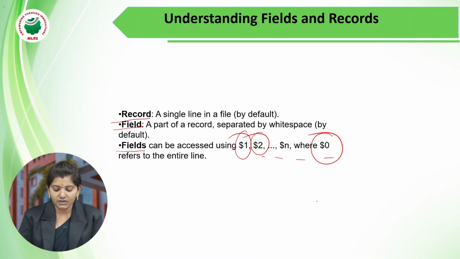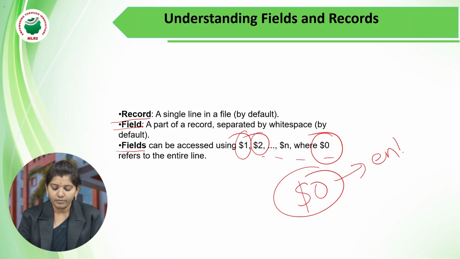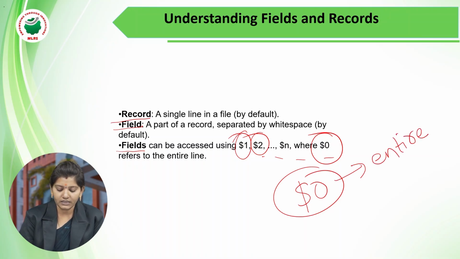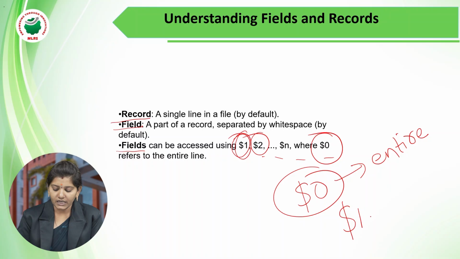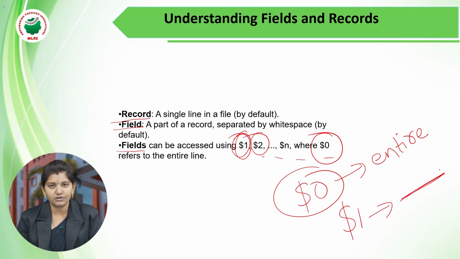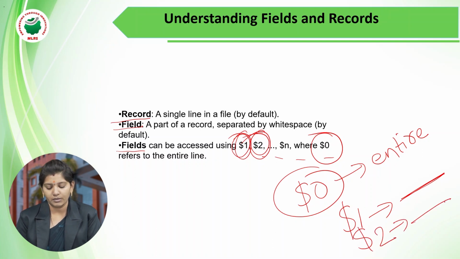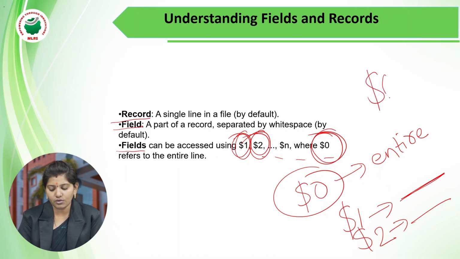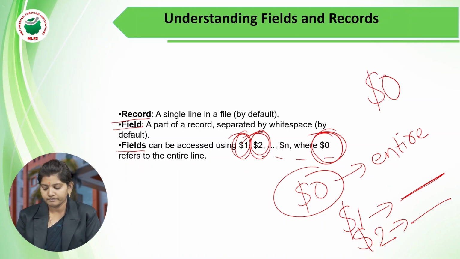If we give $0, it represents the entire line of a program. $1 gives the first field, and $2 gives the second field. Like that.